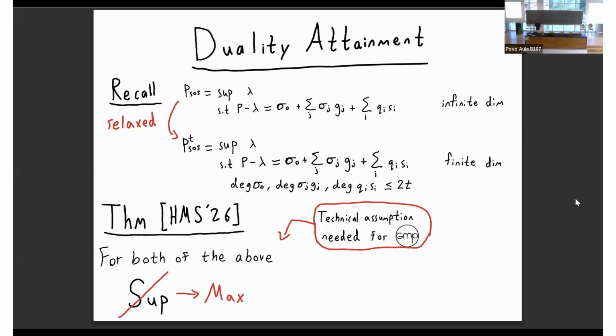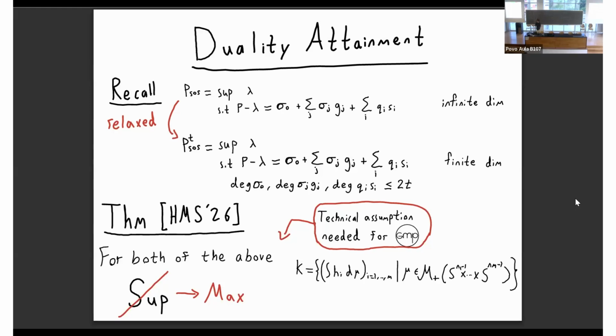For the dual of the GMP, which is also very similar to this, there's a small technical difference. We need an assumption. You have this thing which maybe looks technical, but it's basically the moment cone, if you are okay with that terminology.